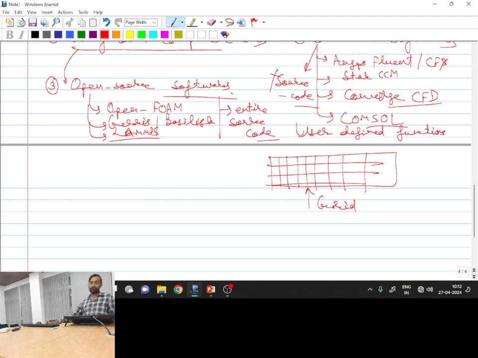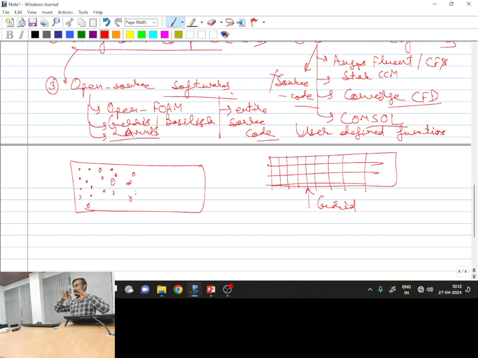So another method to do discretization is, if this is your domain, you can also divide this domain into a large number of particles. Okay, rather than using grids, you can represent the fluid medium in terms of a group of a large number of particles. So whenever we use this type of approach, we call these CFD methods particle based methods.